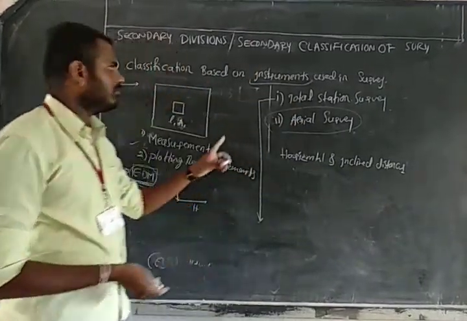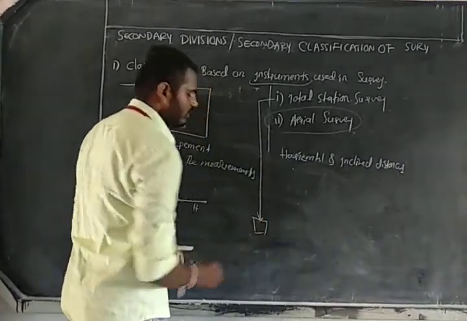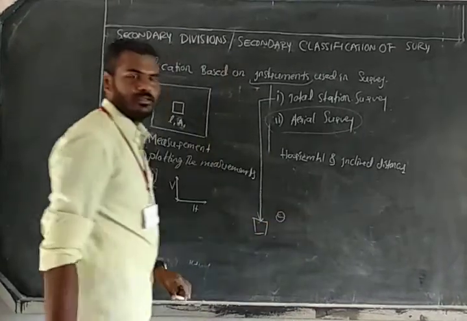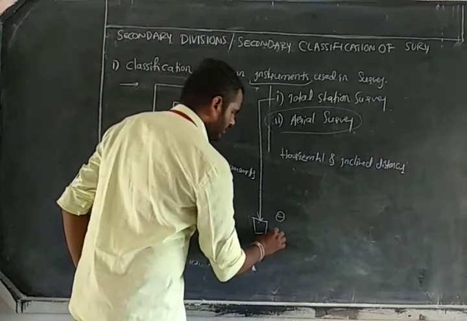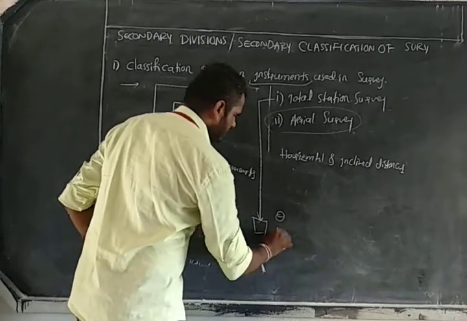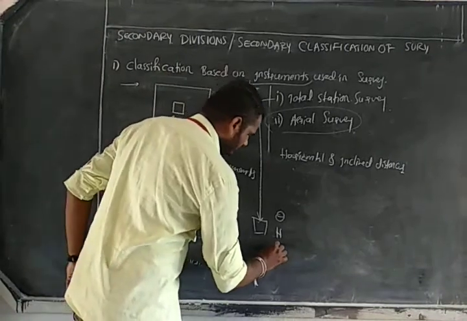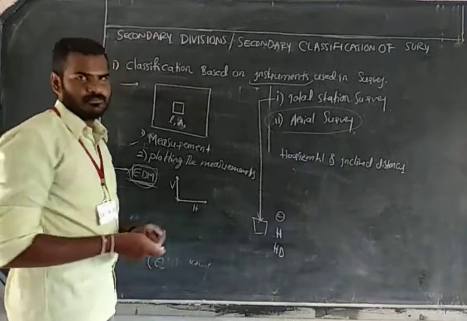Here, by fixing a total station at a particular location, you can measure the angles, the horizontal angles, the vertical distances, heights, and horizontal distances at a time.